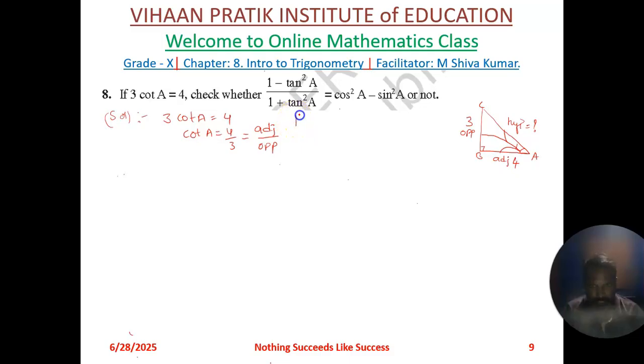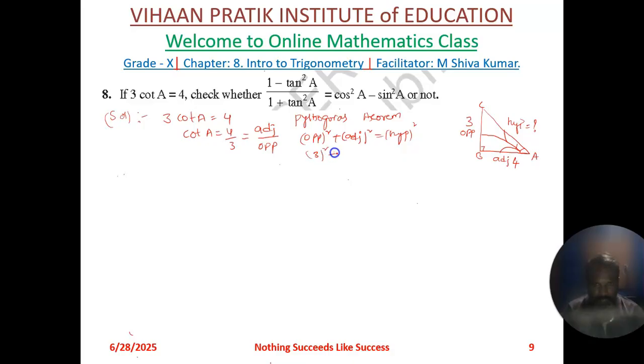Same, we need to use the same Pythagoras theorem, which states that opposite square plus adjacent square equals hypotenuse square. So opposite given, adjacent given, we need to find hypotenuse.